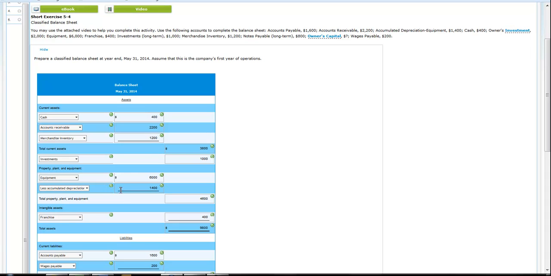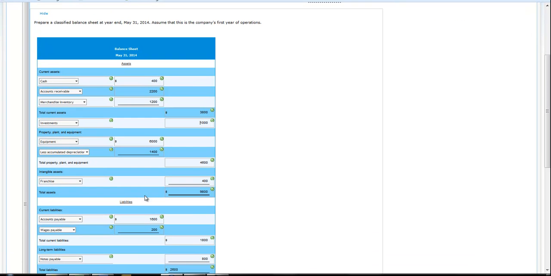In this section of the balance sheet, we always list our asset, and then right underneath it, we list its contra asset account, which gives us a book value or carrying value. In this situation, our equipment is valued on our books at $4,600 because we have depreciated, or spread out, the cost of that equipment over a period of time.